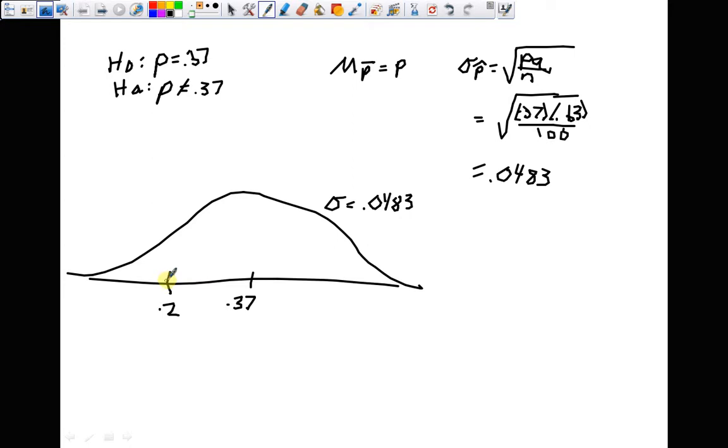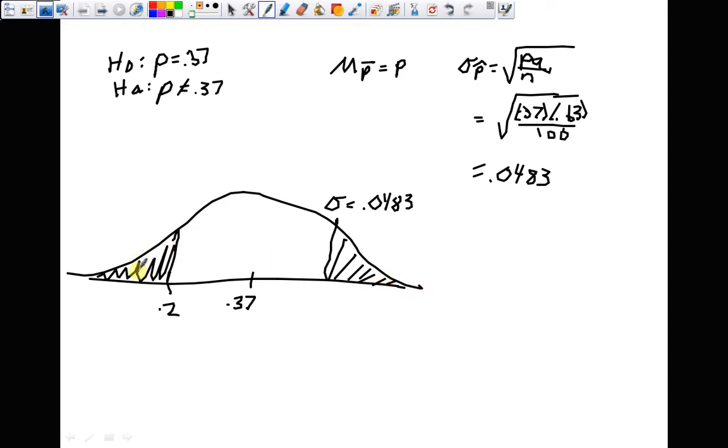Okay, so to get evidence against this, we're going to find out this probability. And because we're doing a does not equals test, we're actually going to multiply it by 2 because we're not just testing that as less than, we're also testing it, even if we got greater than, that would be evidence against that claim.